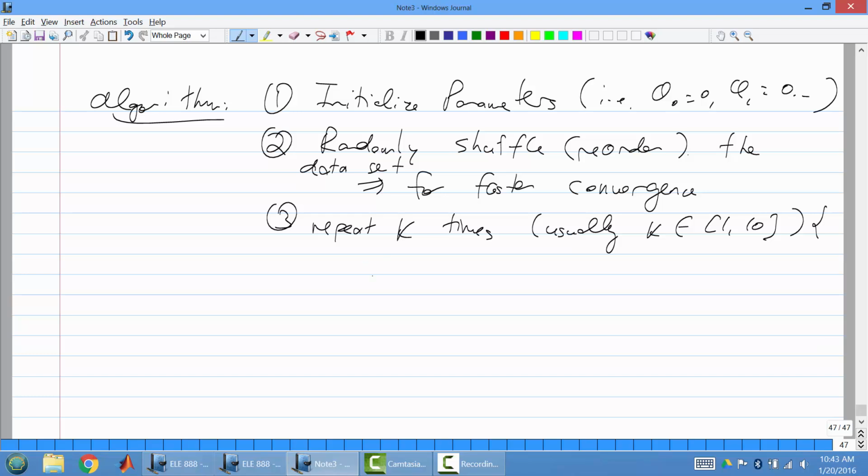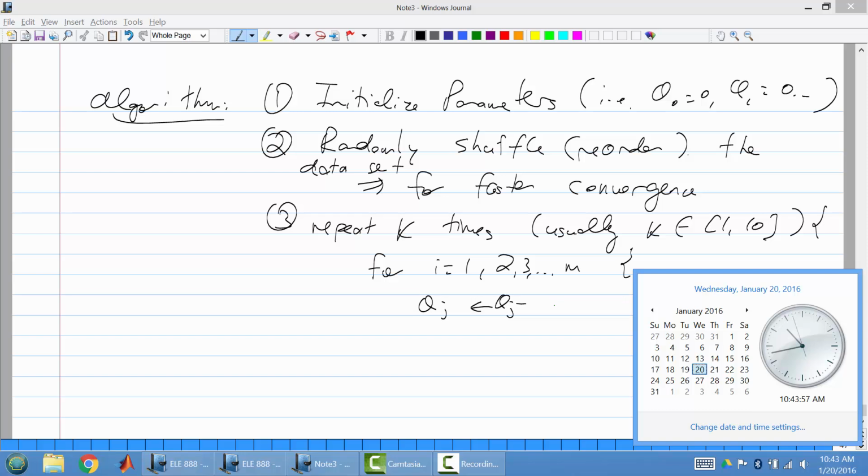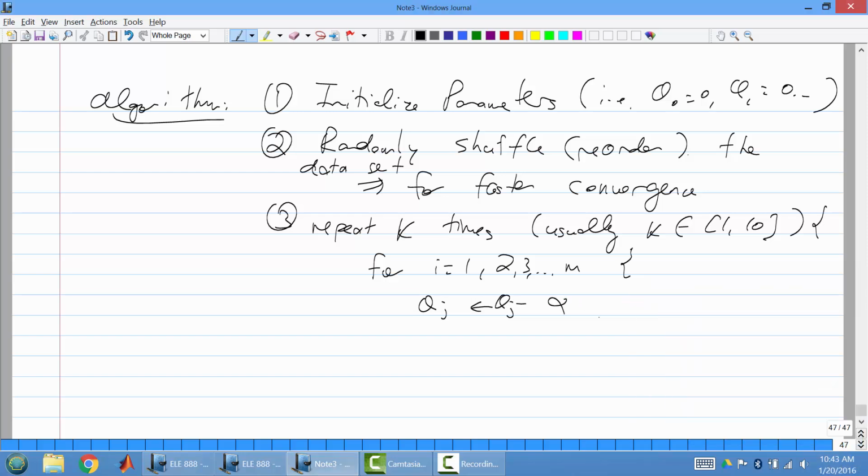And then for i equals 1, 2, all the way up to m, for each training example that you have, you're going to compute the update immediately. And m is only 1 here, so it's just alpha.